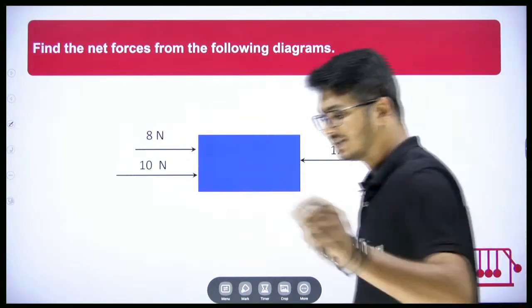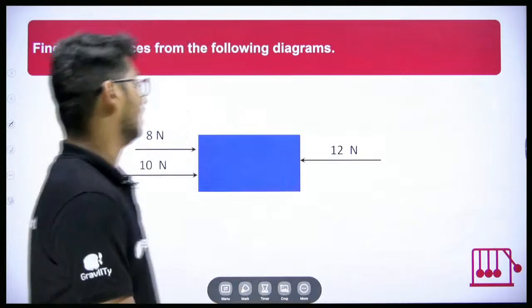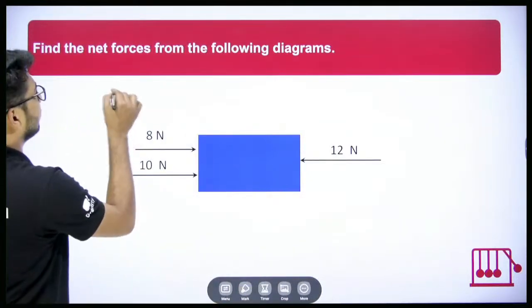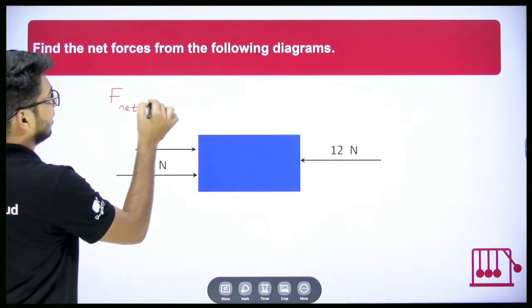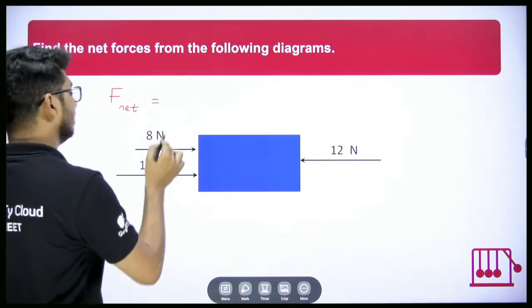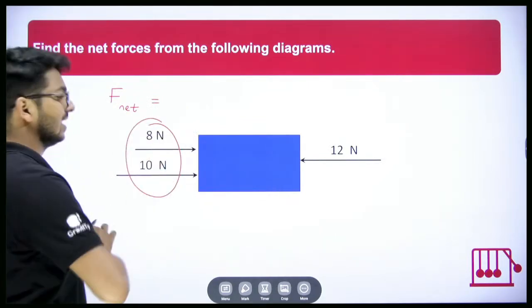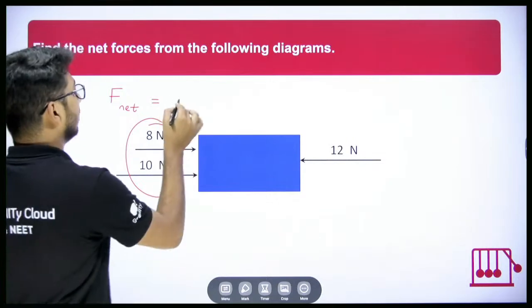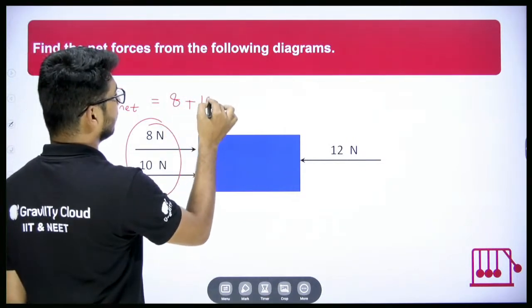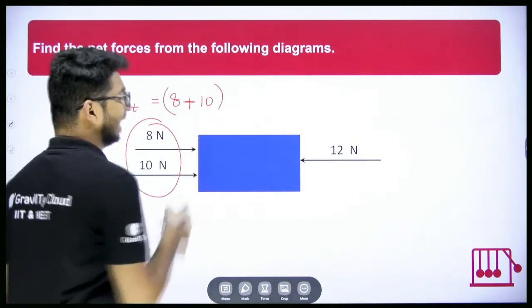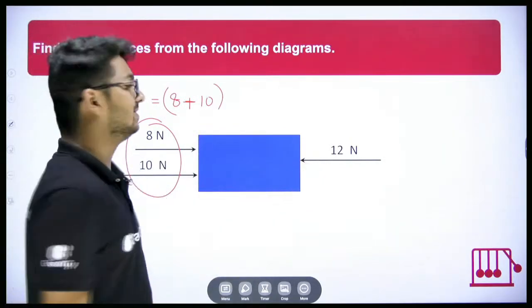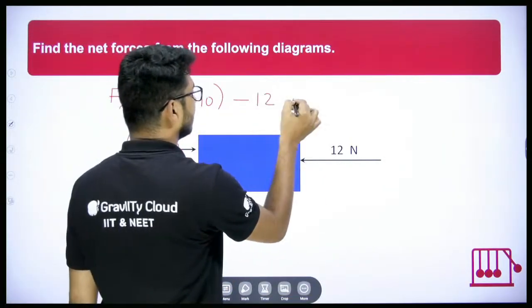The answer is 6 Newton. How? I'll tell. We have three forces here. So net force, how will you get it? These two forces are in the same direction. You add them. And this force is in opposite direction, so you subtract them.